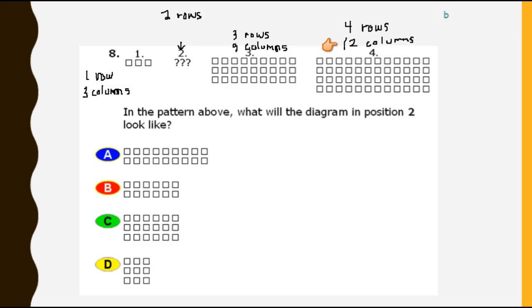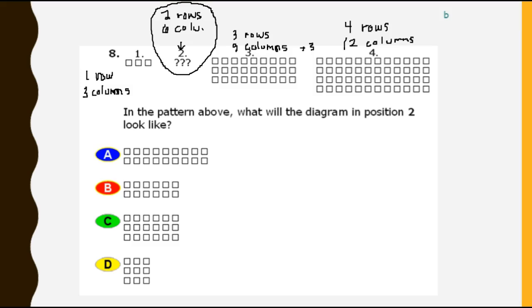So do you think that would work if we made the rule plus 3 for the columns? Let's try it. So if this one was 3 columns and we added plus 3, we would have 6 columns. Okay, and then if we added 3 again, we would get 9, so that works.